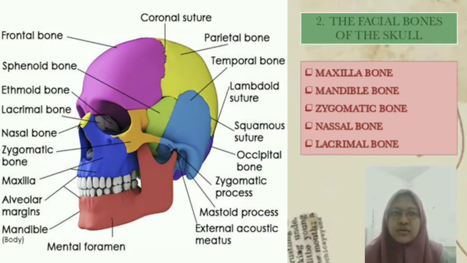2. The facial bones of the skull. First, maxilla bone, over there. Number 2, mandible bone. Number 3, zygomatic bone, cheekbone.